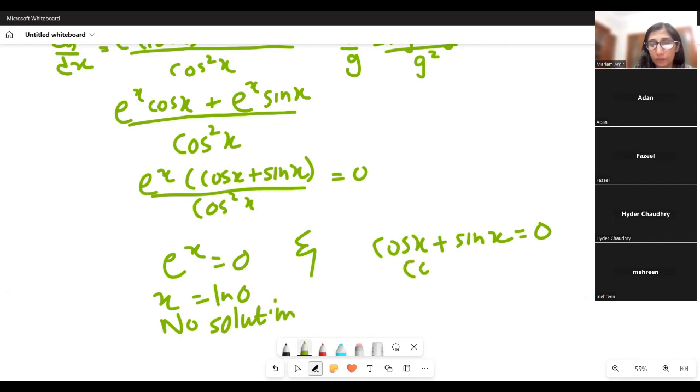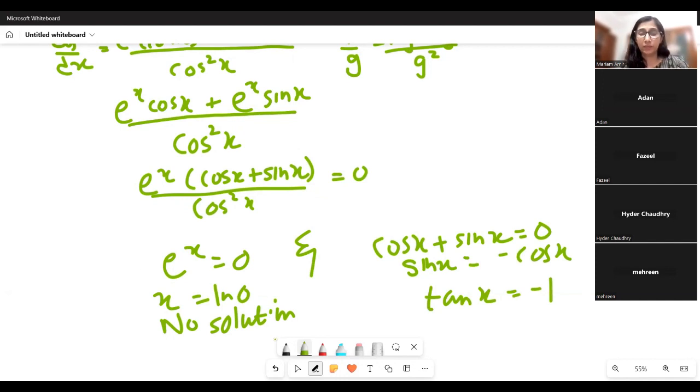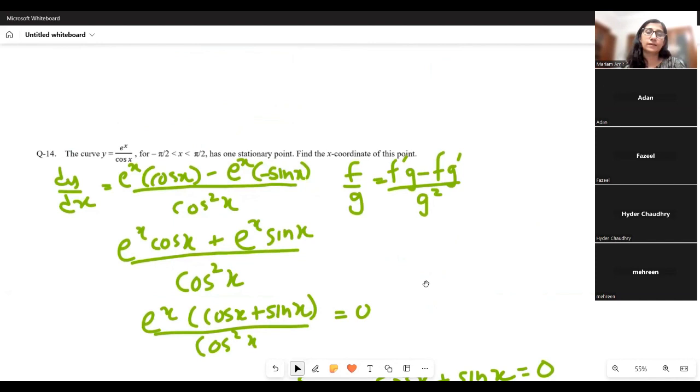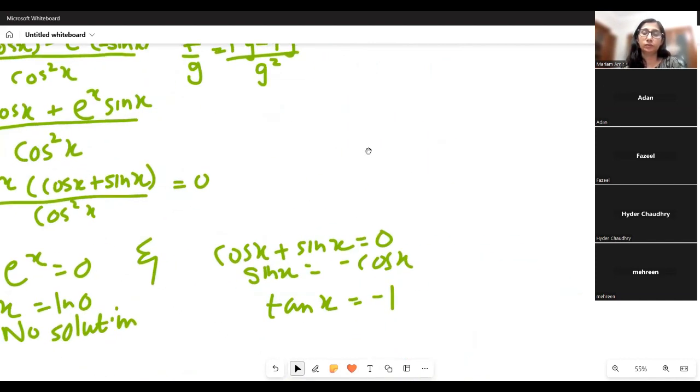And then cos x equals minus sin x. So, or let's write sin x equals minus cos x. Send cos x to the other side, so you get tan x equals minus 1. And the domain of tan is between minus pi by 2 and pi by 2.